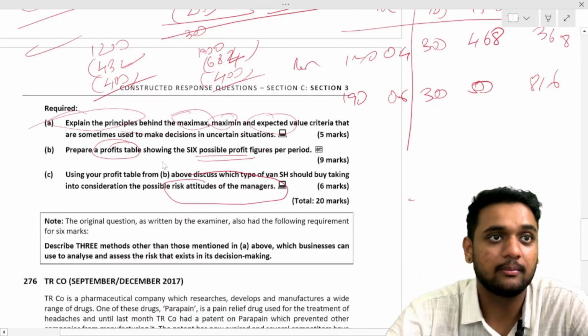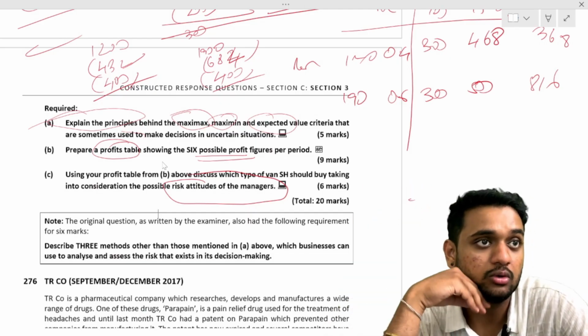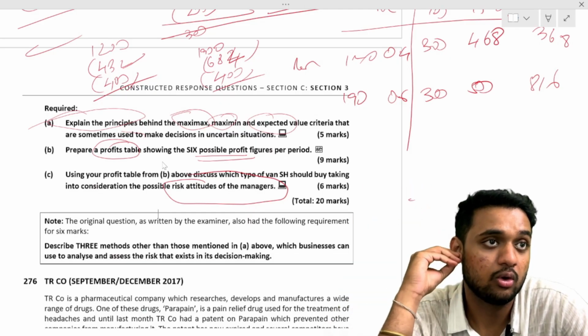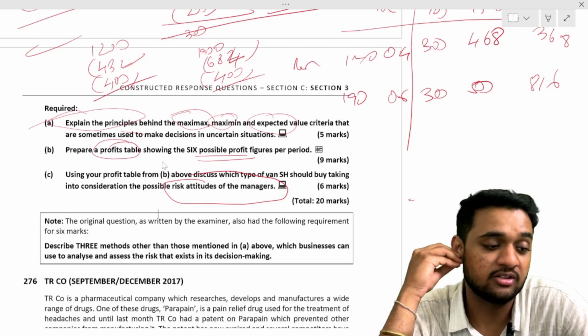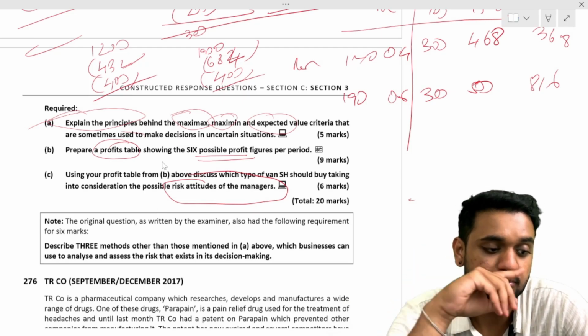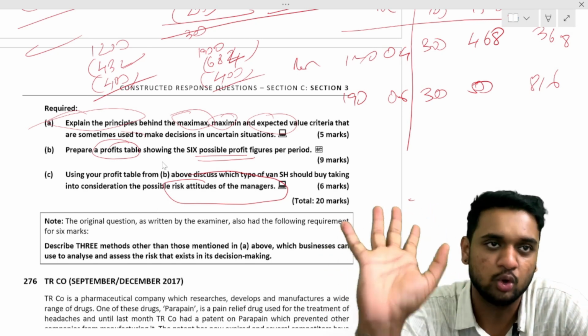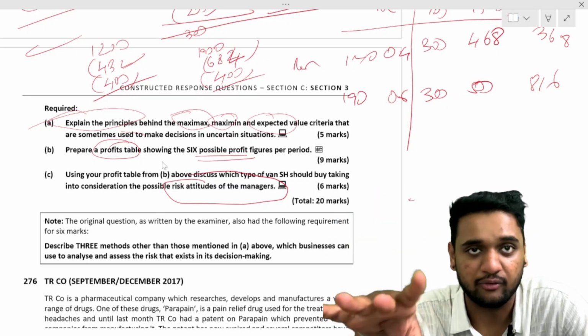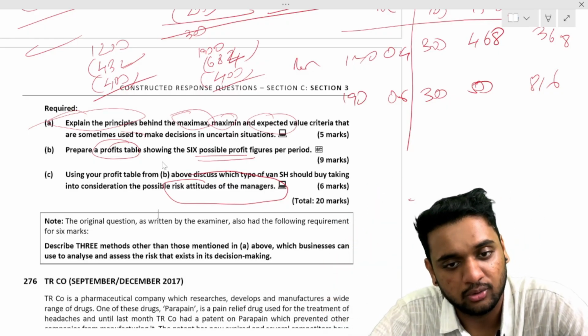One is neutral. Neutral means expected value. Risk-averse means maximin. Do maximin only, not maximum, or the exam will get confused. Understood, all of you?